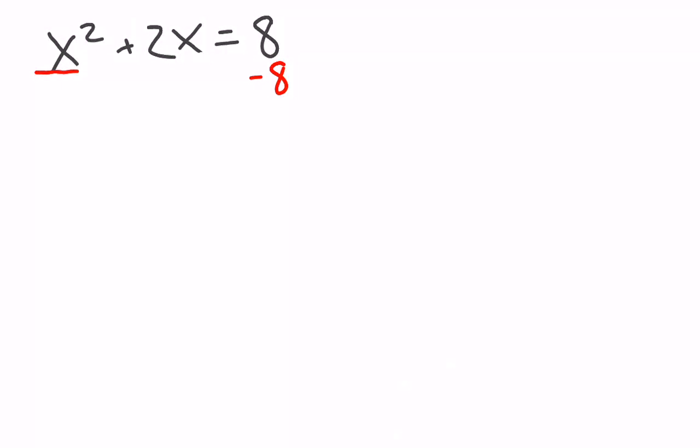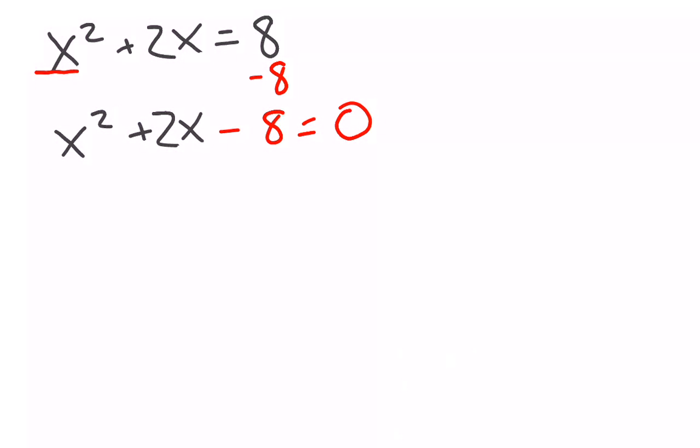But there's not anything that my 8 can combine with, so it just becomes x squared plus 2x minus 8 equals 0. And why did I put that number at the end? Just so that it looks like something we have factored before. I want to put it in standard form.